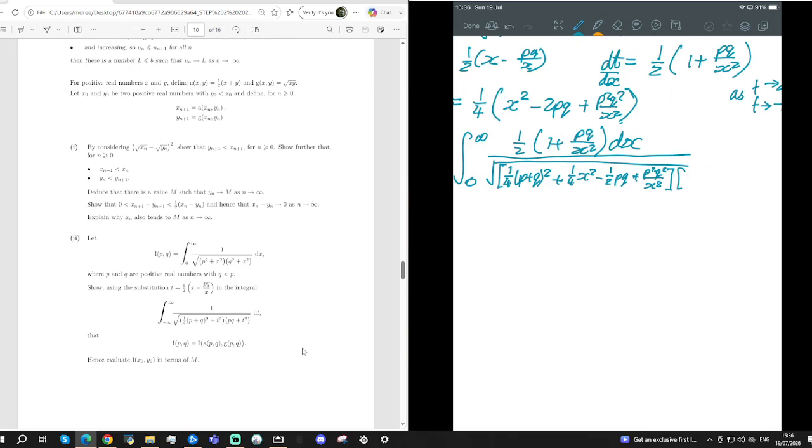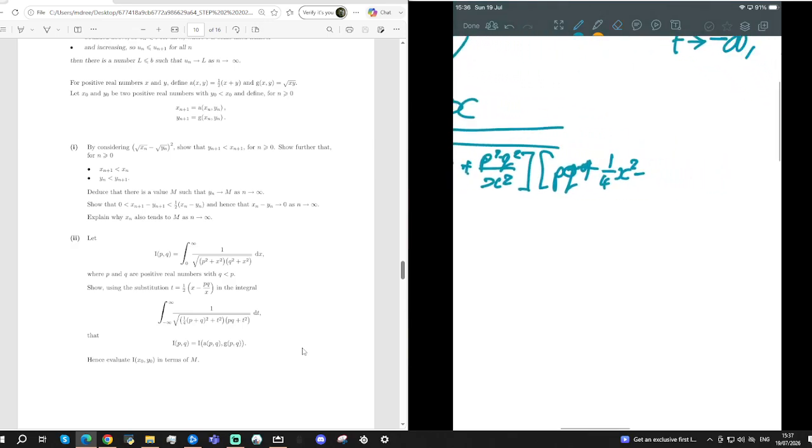And then the other term is pq plus the same thing, quarter x squared minus 2pq plus, and again, I've not really expanded that bracket out correctly. That's minus a half pq plus p squared q squared over 4x squared.